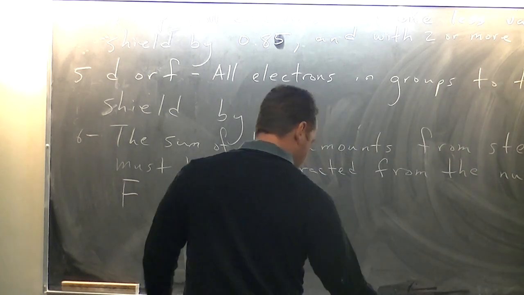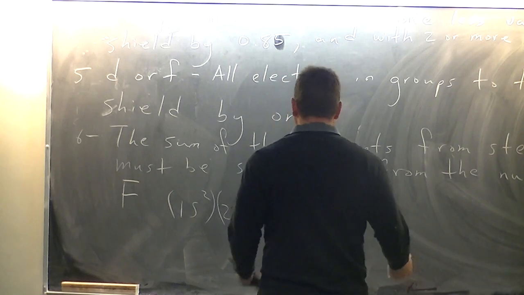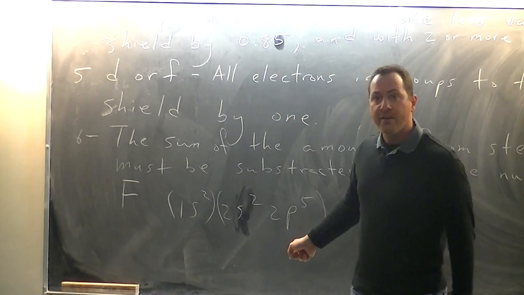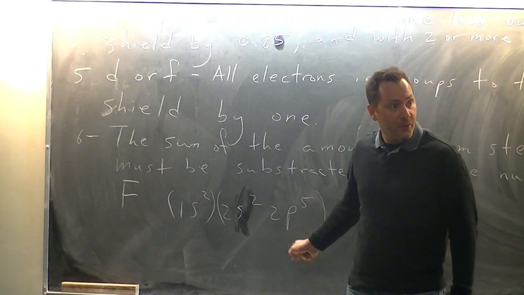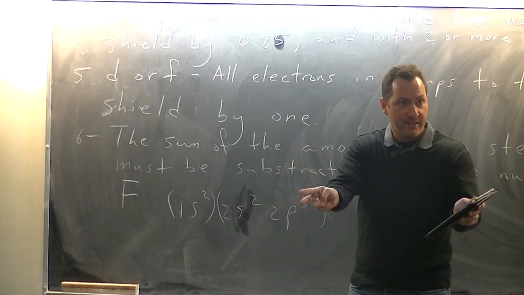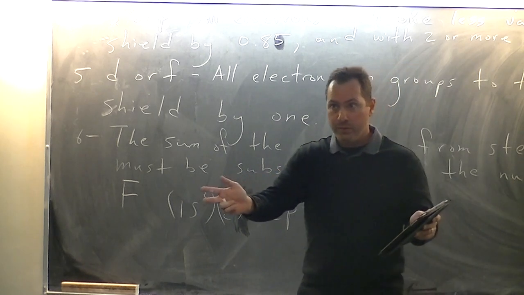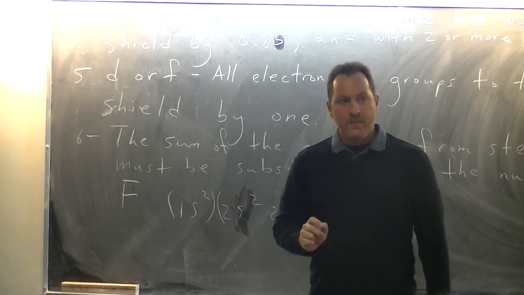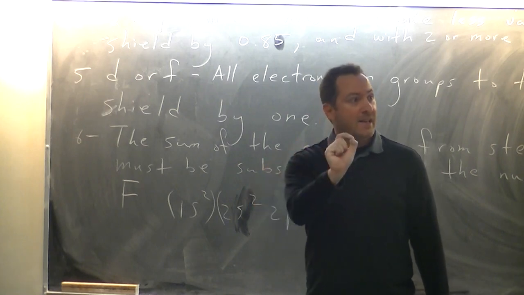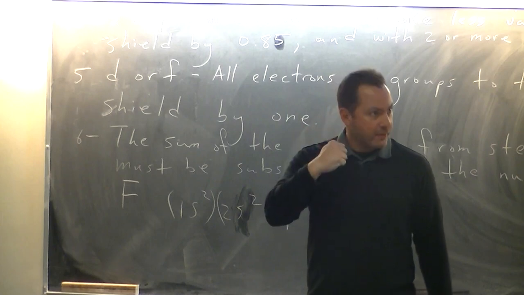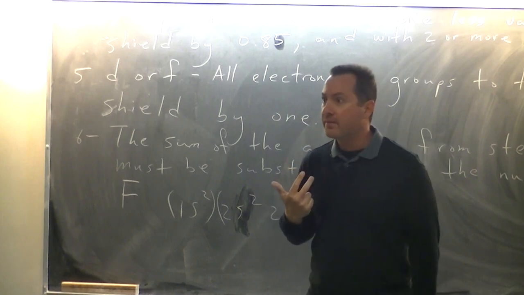So then, how many electrons are there in the valence shell of fluorine? 7, right? Because you're going to use that whole group as the valence shell, with n equals 2. Okay, but you have to choose one of those electrons. So you choose one. That electron doesn't shield itself because you don't block yourself.